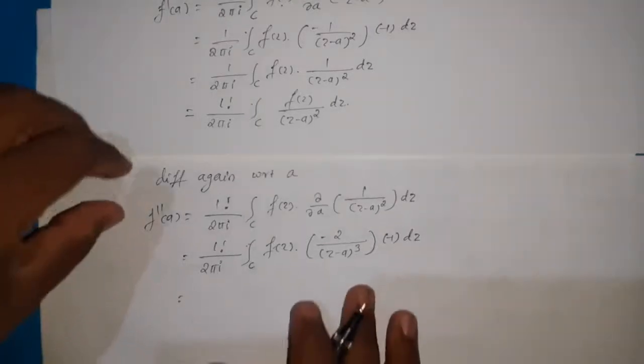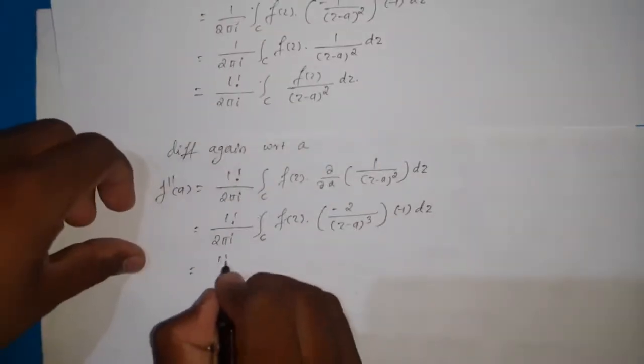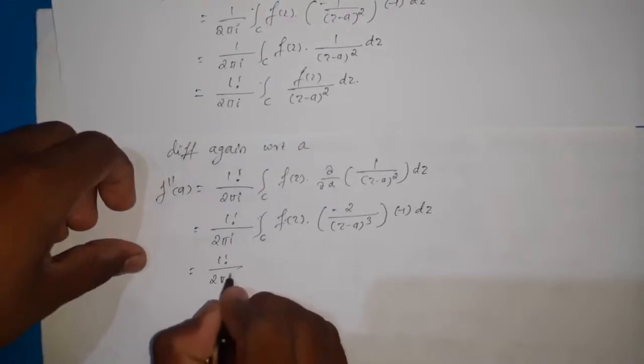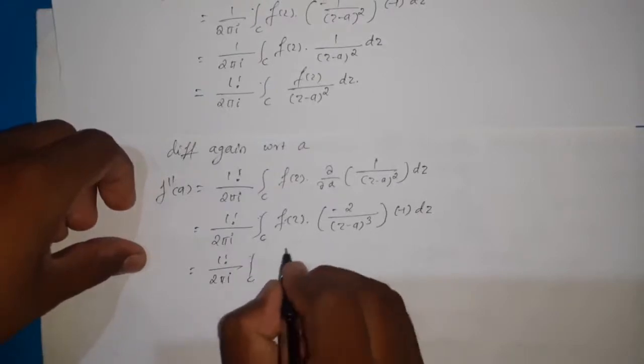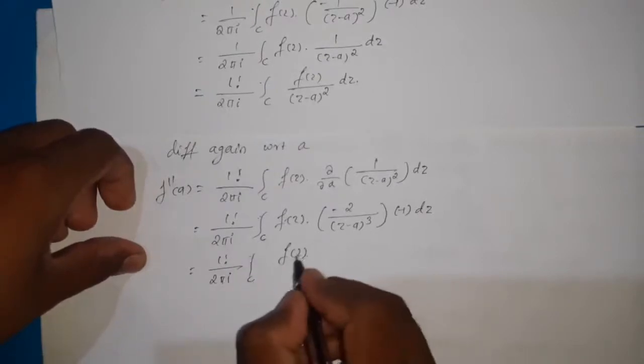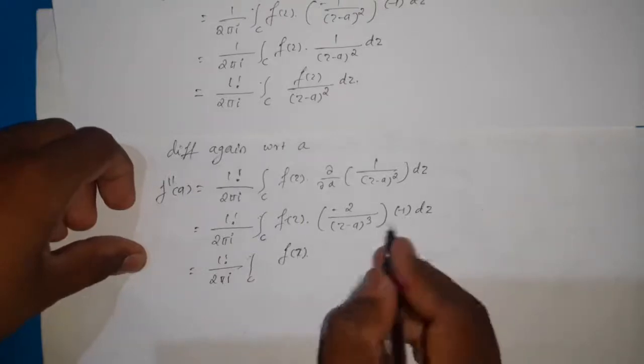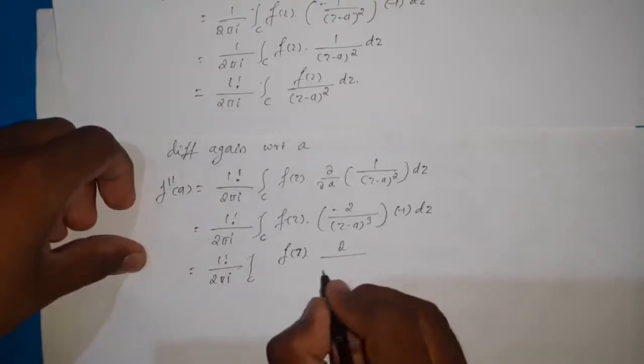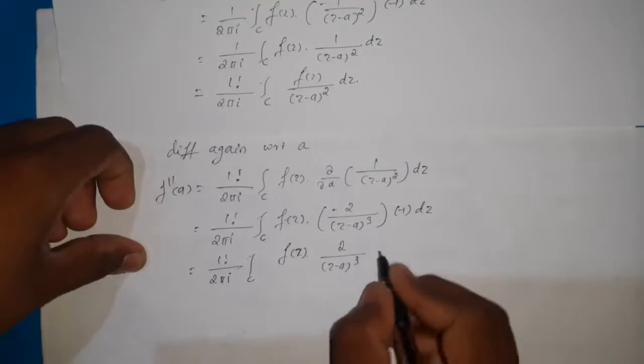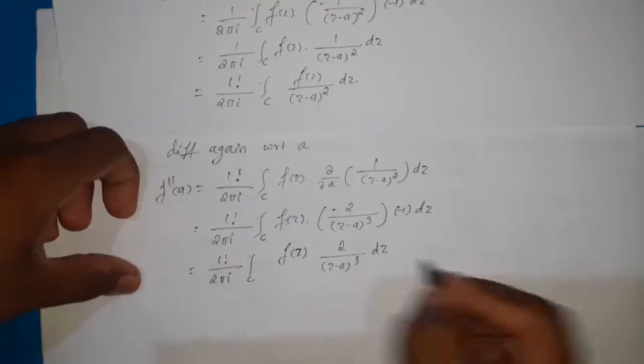Then it is equal to 1 factorial divided by 2 pi i integration over C f of z into, here minus into minus becomes plus, 2 divided by (z minus a) whole cube dz.